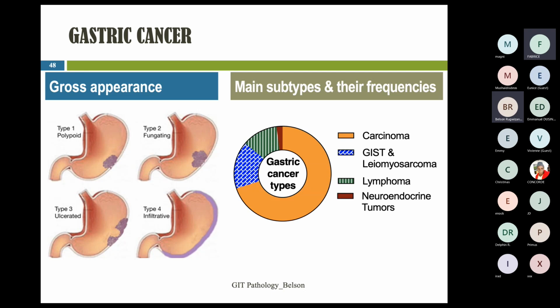So the main subtypes and their frequencies. Ngira ngo iyi carcinoma y'ubwayo irenga 90% of all gastric cancers. Then you have a gastrointestinal stromal tumor and the leiomyosarcoma, meaning a cancer arising from the smooth muscle of the stomach.